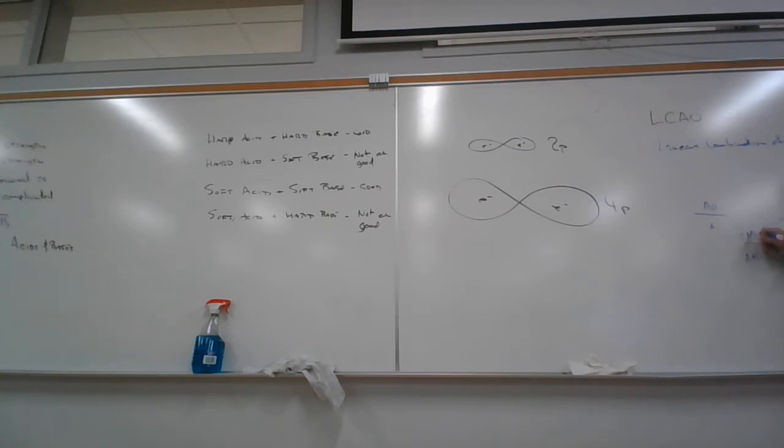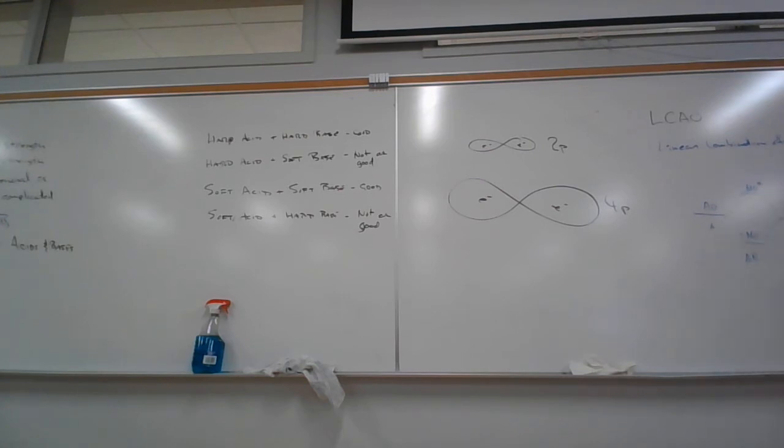This is going to be an MO. And at the same time you create a bonding MO, you also create an anti-bonding MO, which we'll call MO star. Do you remember doing these? For example, sigma 2p star, pi 2p star.